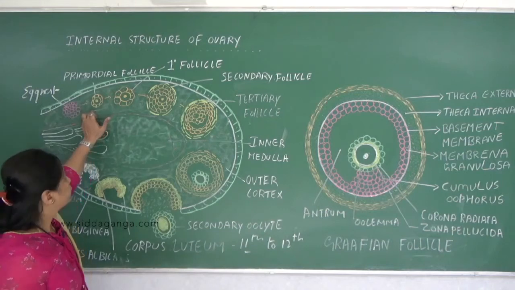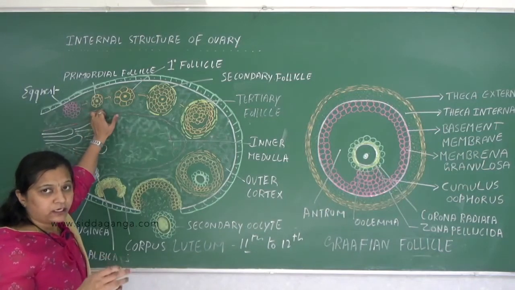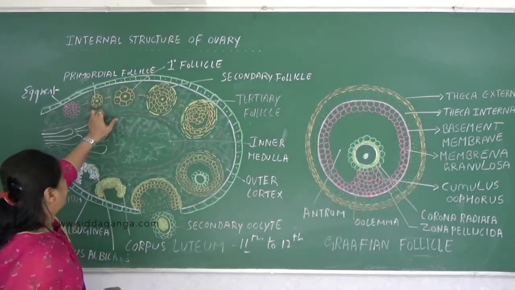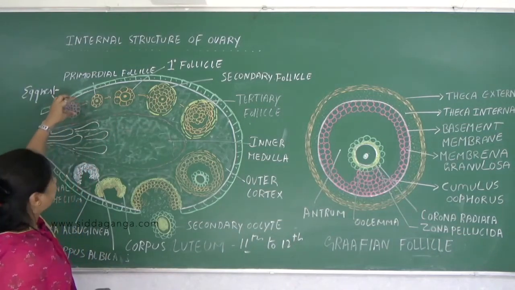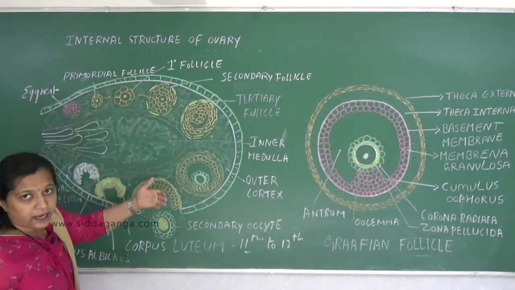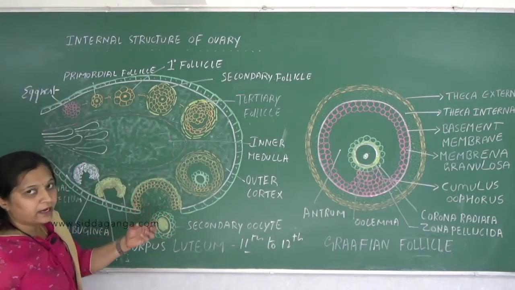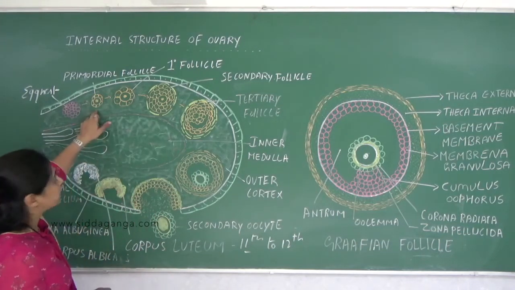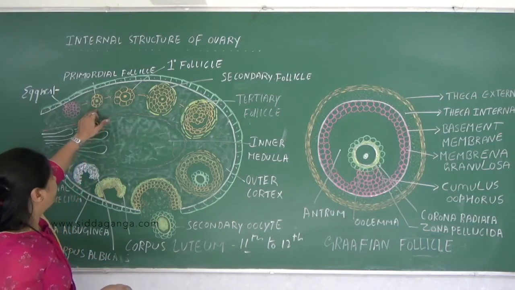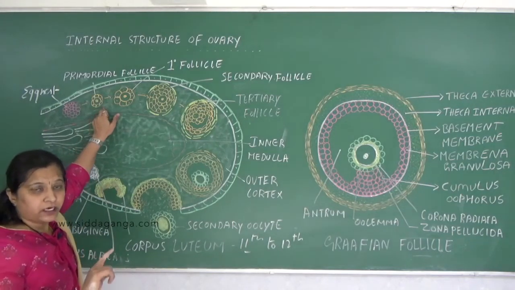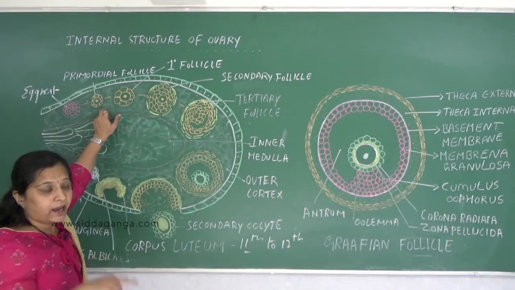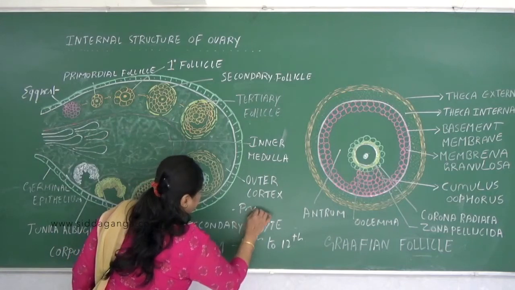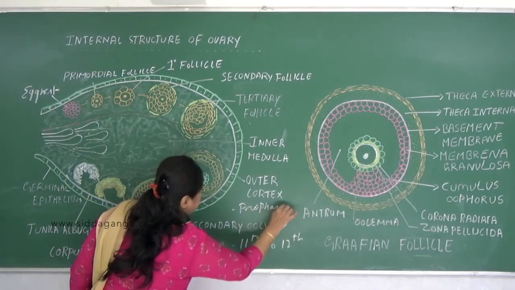And it starts meiosis cell division. You know that meiosis cell division will occur in 2 steps, right? That is meiosis first and meiosis second. So this oogonial cell starts its meiotic first cell division, but meiosis first will not complete.